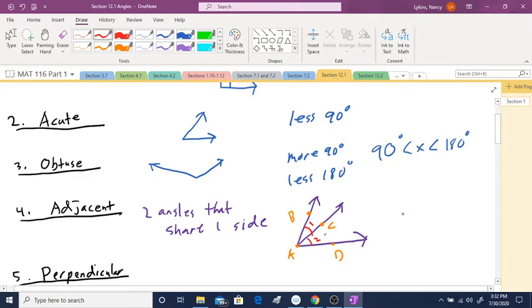It means that angle 1 and angle 2 are adjacent, and they share side AC. And with a side, you can put a little line on top of it.